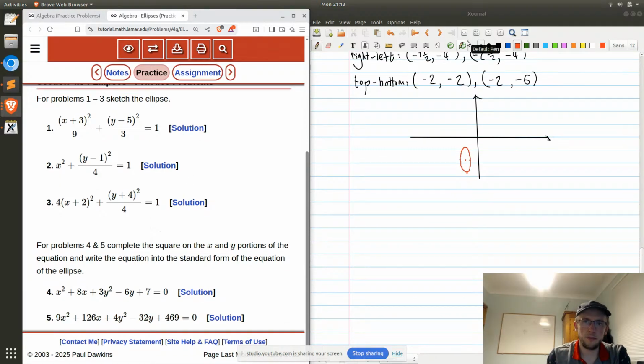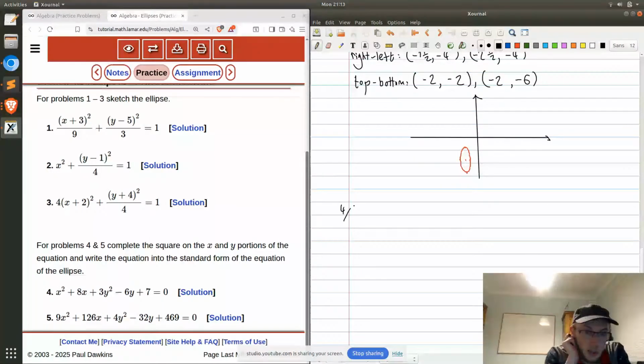Okay, now, fourth problem looks interesting. For problems 4 and 5, complete the square on the x and y portions of the equation and write the equation into the standard form of the ellipse. All right. So let's do. Okay, what to do now? Bring out that 3. No, that would be y minus 2.